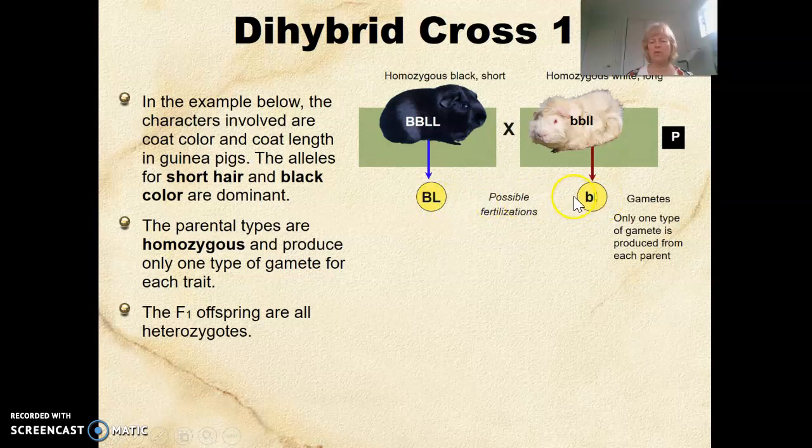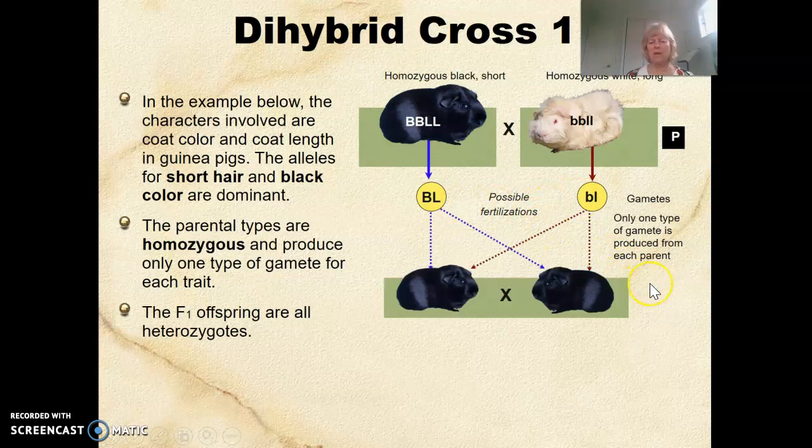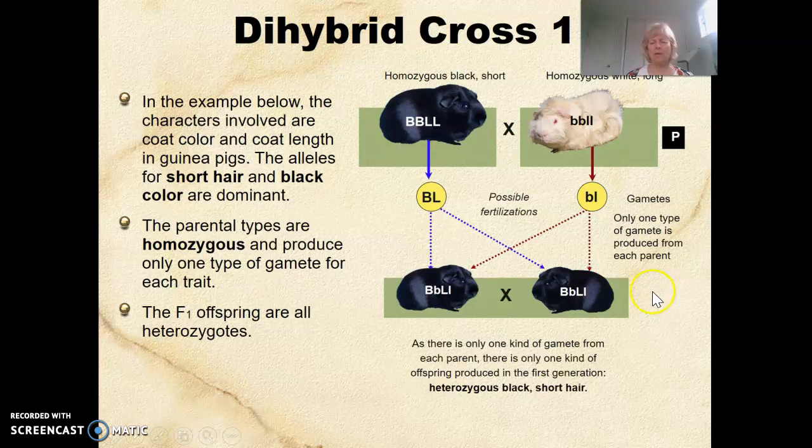Now during fertilization these gametes will fuse, and as a result you get offspring, and each of the offspring will be heterozygous, having inherited the dominant alleles from one parent and the recessive alleles from the other parent.